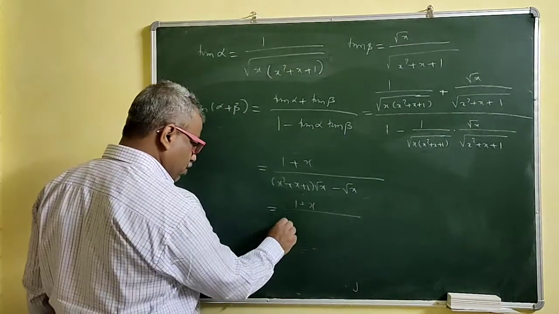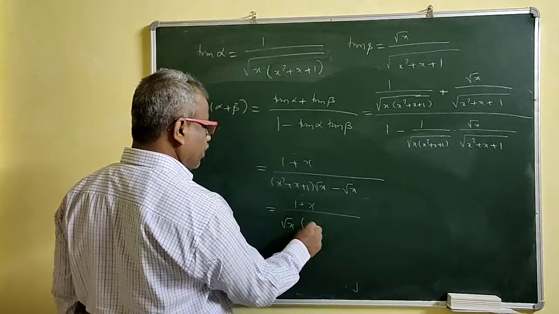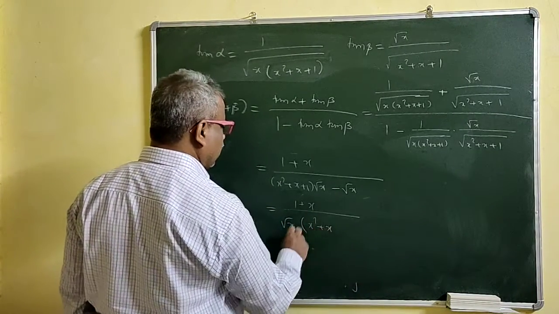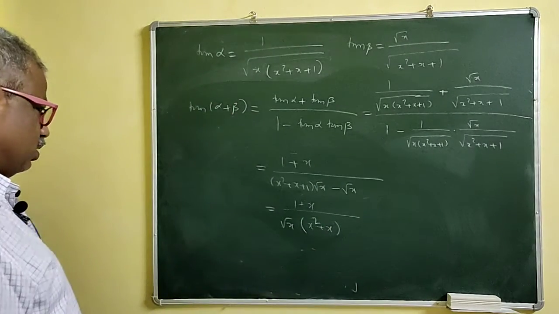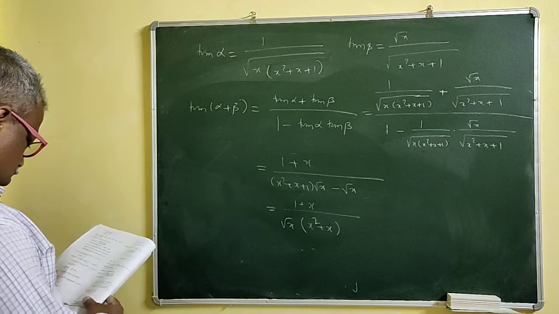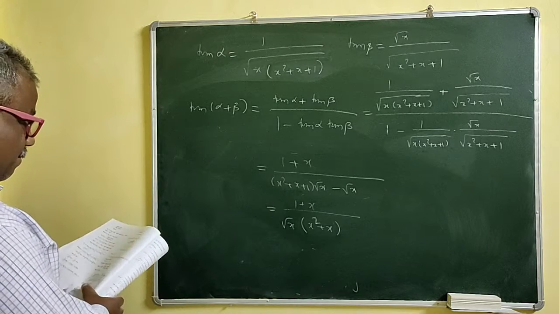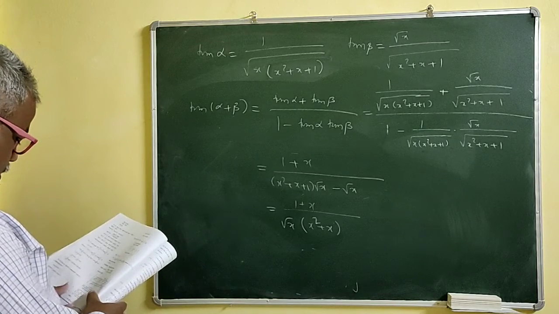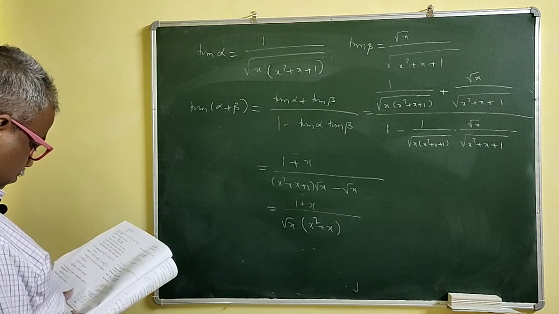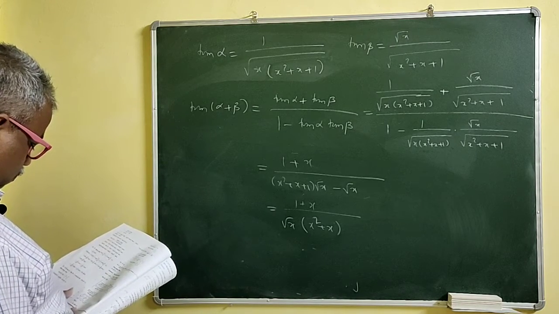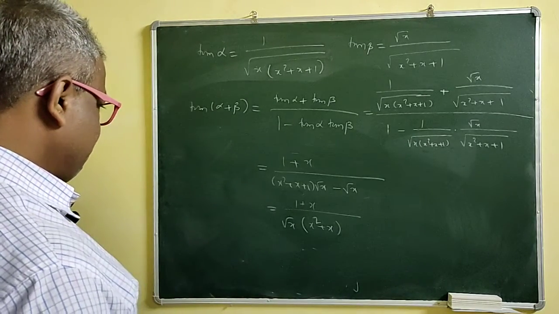So we'll take root x common now. Root x common. What do we get then? X square plus x. Something is a problem.